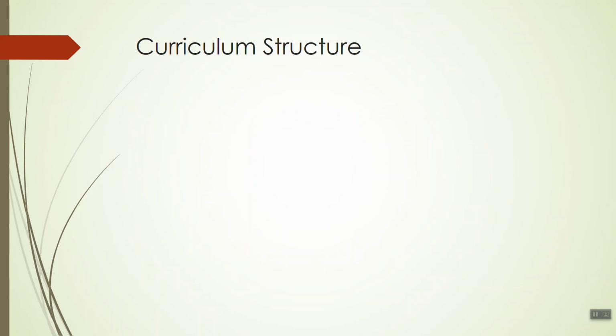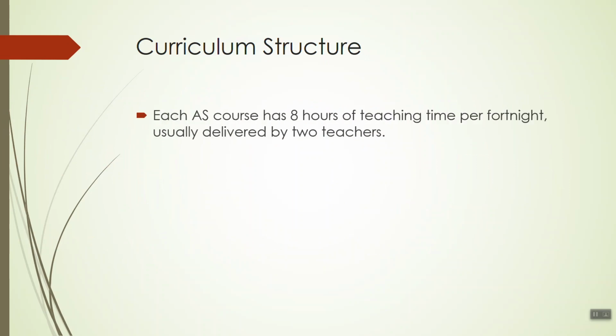So now I'll talk to you a little bit about the curriculum structure of your courses. Each AS course and A2 when you get to year 13 has 8 hours of teaching time associated with it. So any particular subject you choose, you can expect 8 hours of taught time in the classroom. And with most subjects, that course is divided into 2 different parts, and those are delivered by 2 teachers.